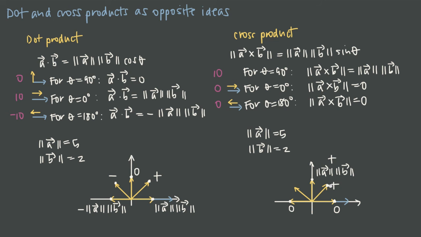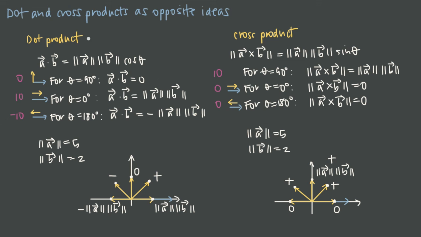Down here, where they move somewhat in the same direction, maybe the length of the cross product would be 5. And then the same thing over here, if the vectors move in somewhat different directions, of course you're still going to have a positive length because length has to be a positive value, but the length of the cross product won't be as great as up here when the vectors are orthogonal, because here when the vectors are orthogonal is when the cross product is maximized.